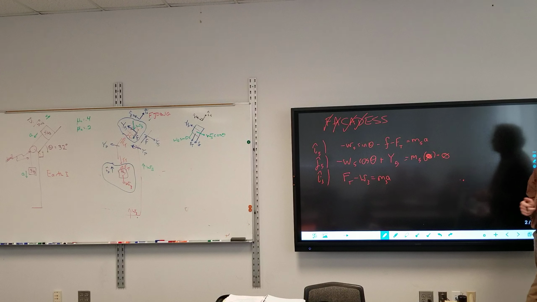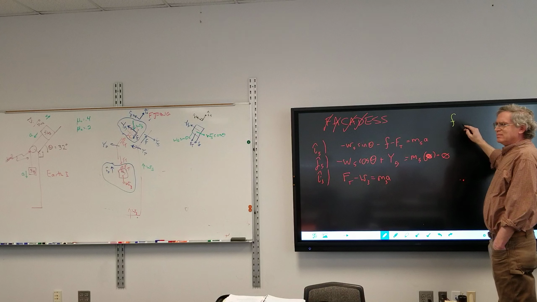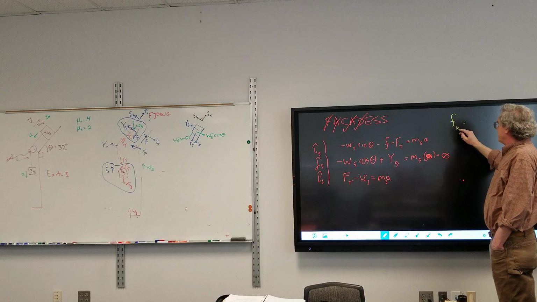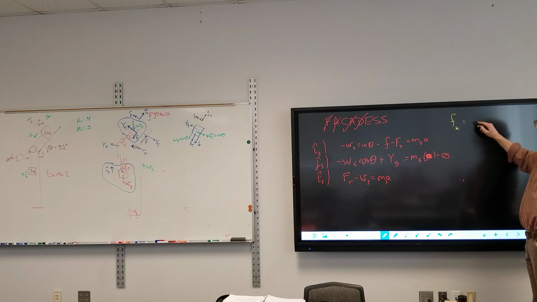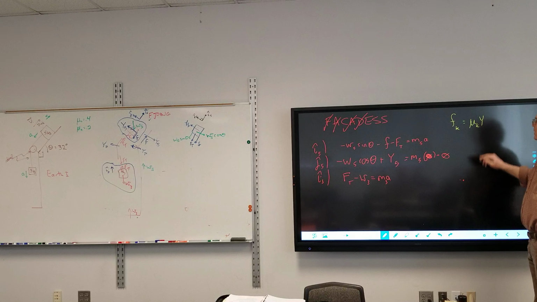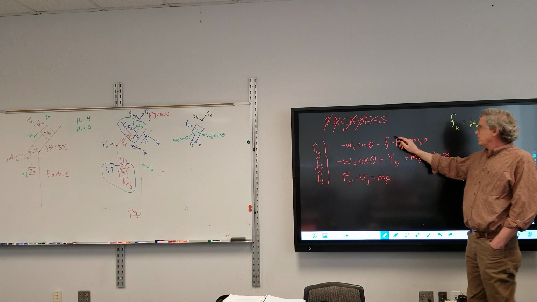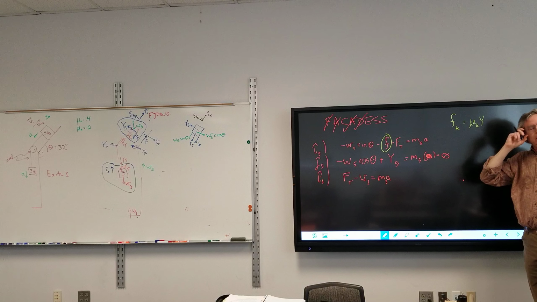Friction. Yeah, so what kind of friction are we dealing with here? Kinetic. Yeah, it's already sliding, it's given in the problem. What's the formula for kinetic friction? U of K times normal force. All right. So we have a substitution for that. And what is the other independent formula we have?